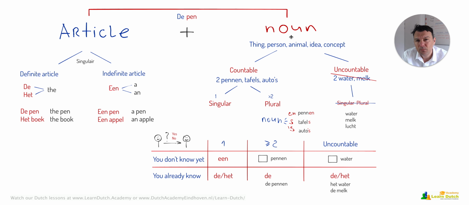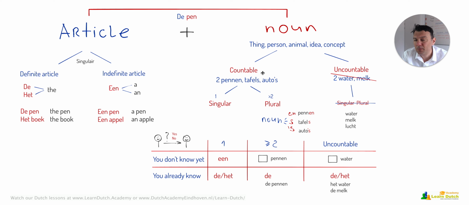What is a noun? A noun is a replacement for a thing, person, animal, idea, concept. A noun is a part of speech. All nouns are divided into two groups: countable nouns and uncountable nouns.